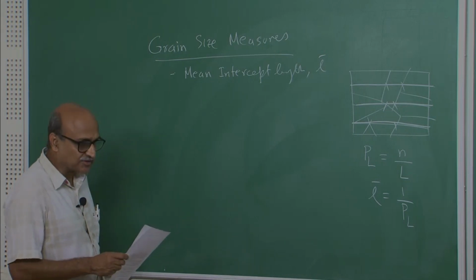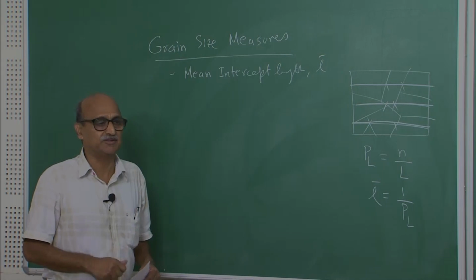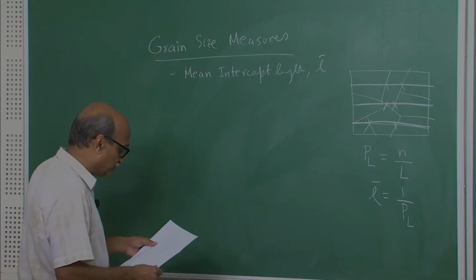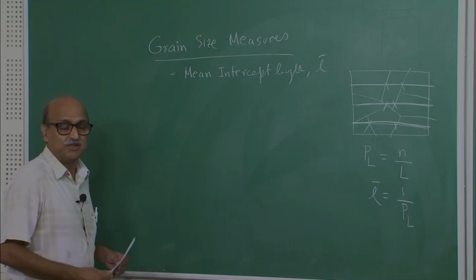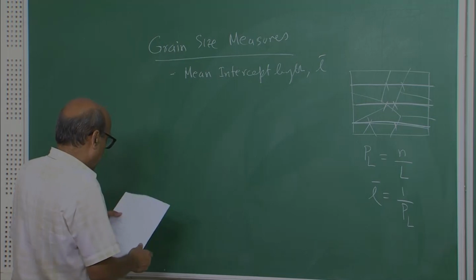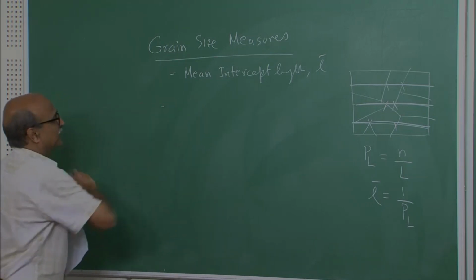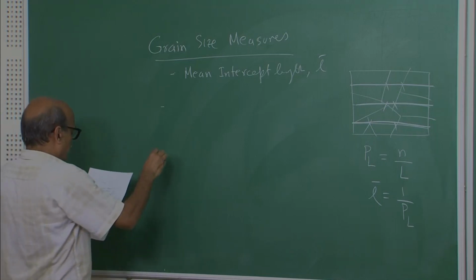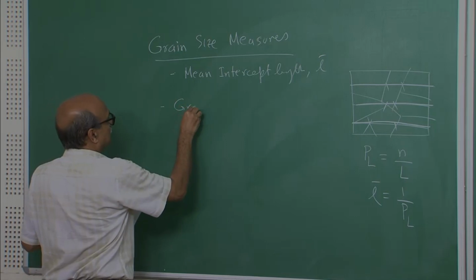However, let us take a look at some of the other possible grain size measures that are used, and many of them, in fact one of them in particular, is used in industry. So, to begin with, let me take another kind of measure which uses grain counting.